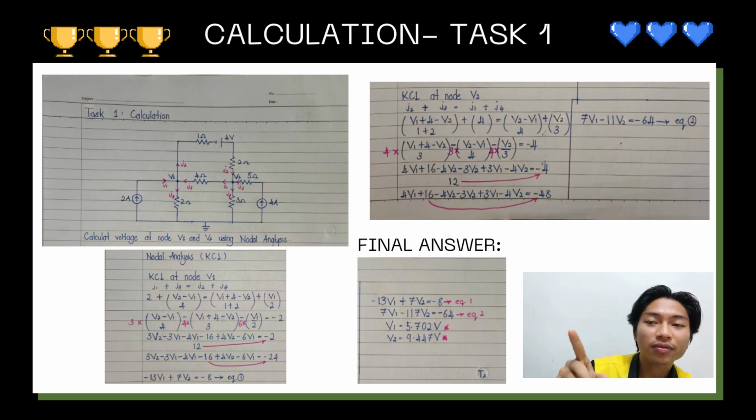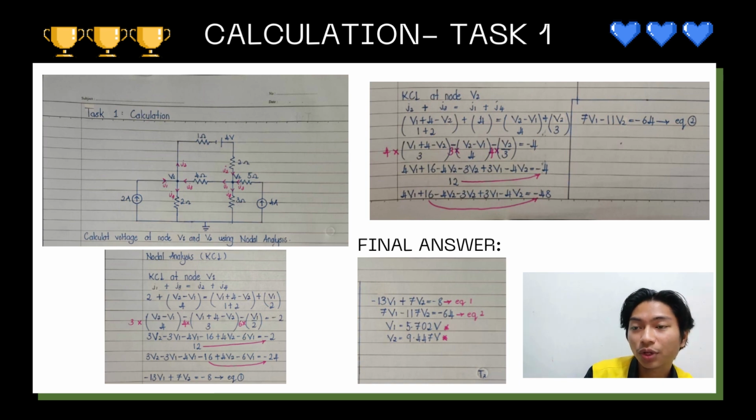Plus V1 divided by 2, which is the I4. As we can see at the I4, the higher one is V1 minus 0, the ground, so it's only V1 minus V2.